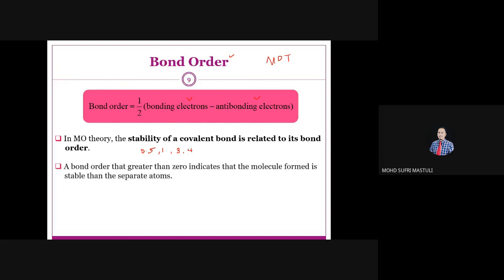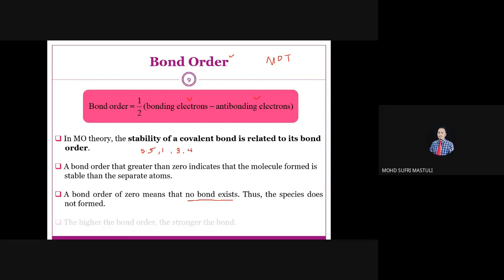A bond order greater than 0 indicates the molecule formed is more stable than the separate atoms. A bond order of 0 means that no bond exists, so the species does not form. The higher the bond order, the stronger the bonding.